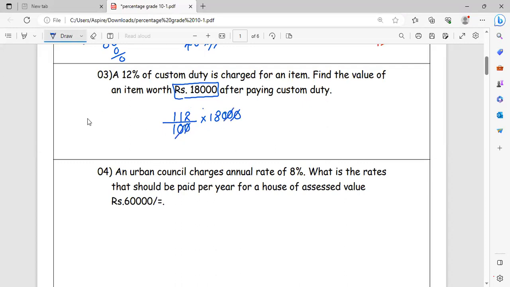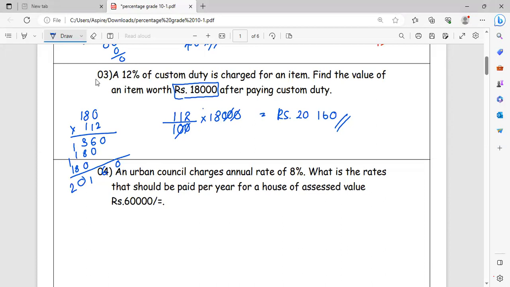Then multiply 180 by 112. It is 20,160 rupees.